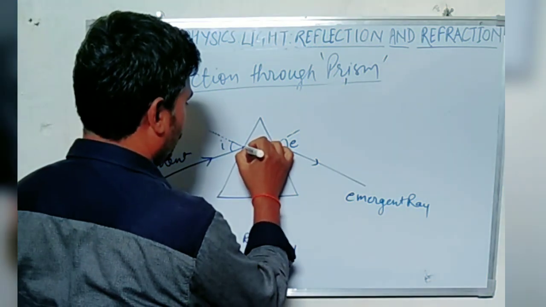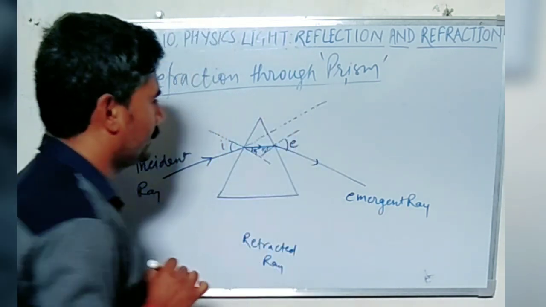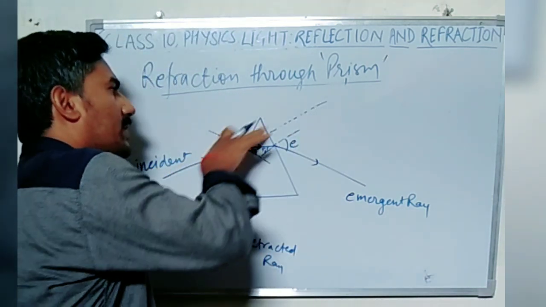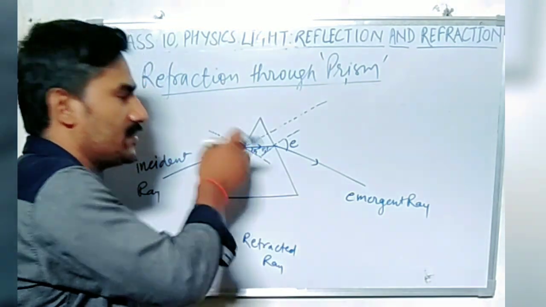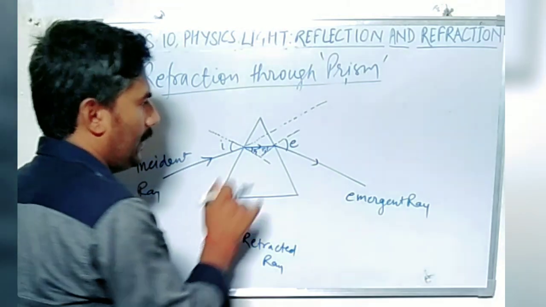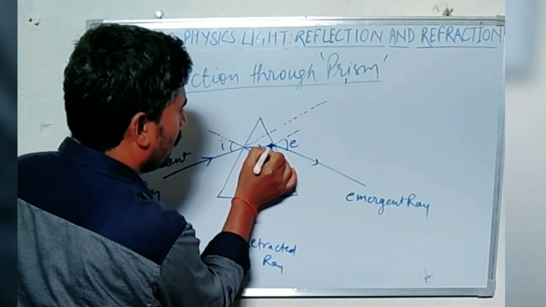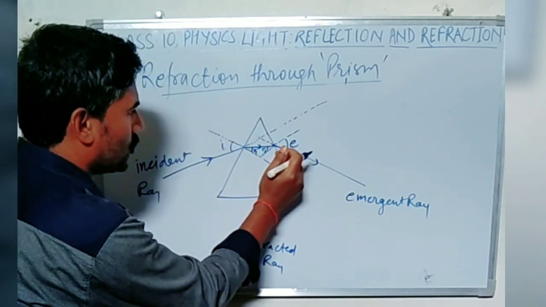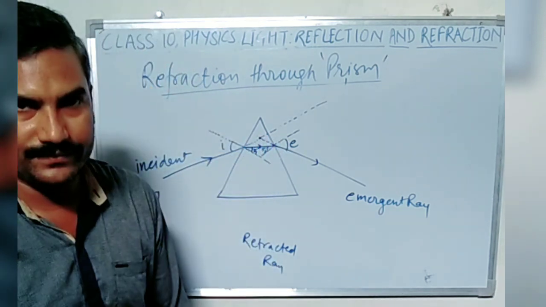That path is the path of our incident ray. If we project this incident ray forward, if this prism is not present, then this would have been the path, and the emergent ray, if projected backward, will intersect here.